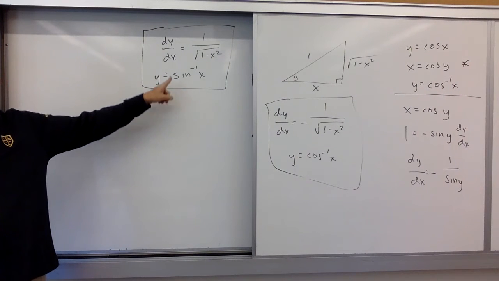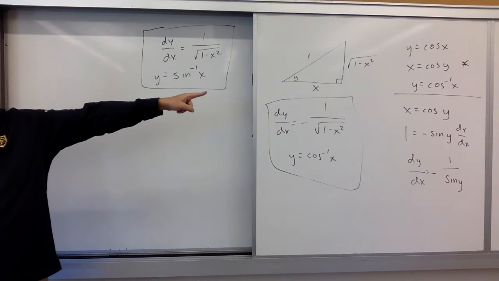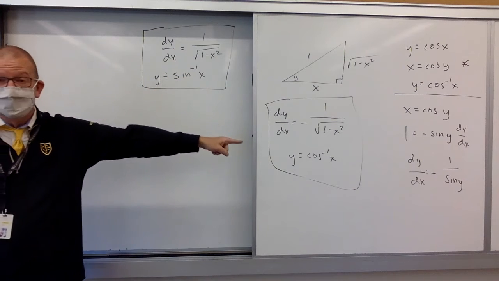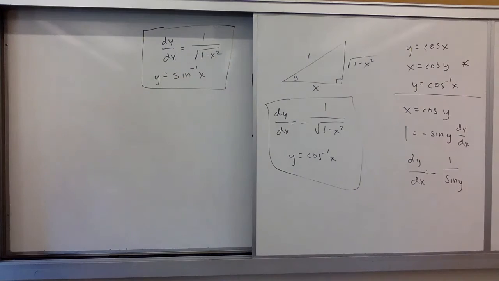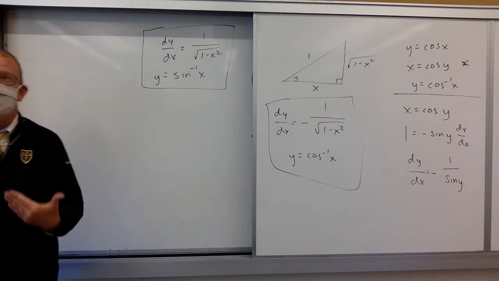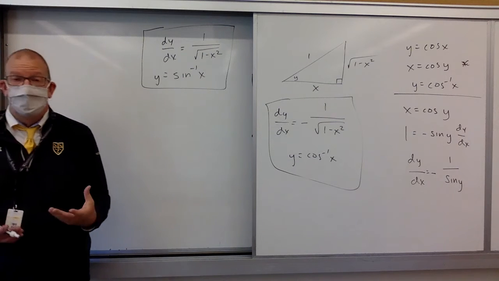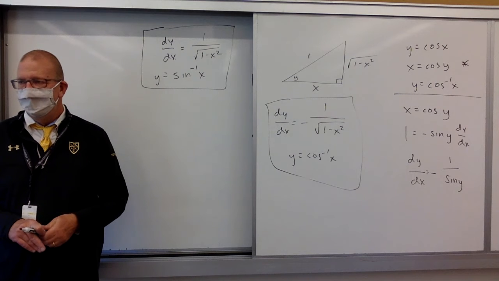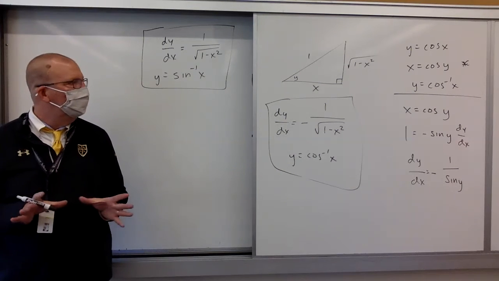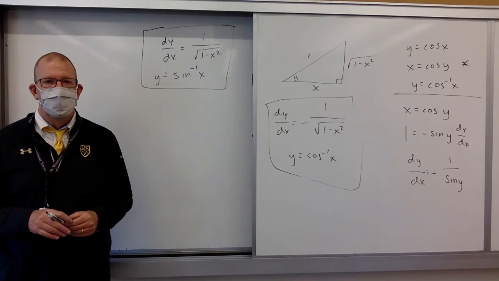Sorry, derivative of the inverse sine is 1 over root 1 minus x squared. Derivative of the inverse cos is negative 1 over root 1 minus x squared. These are pretty cool. This is a really cool little proof.